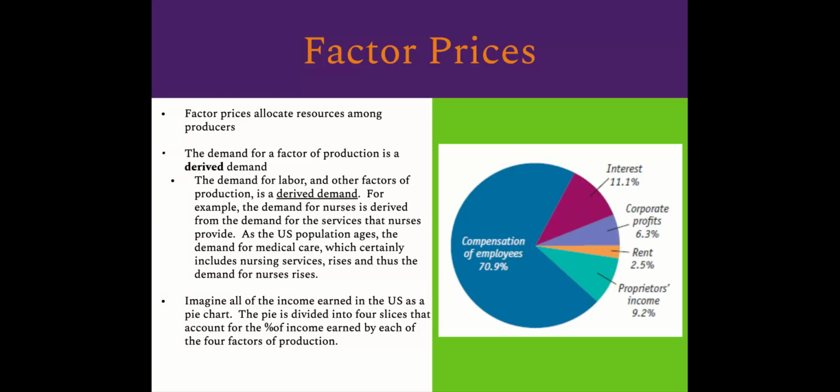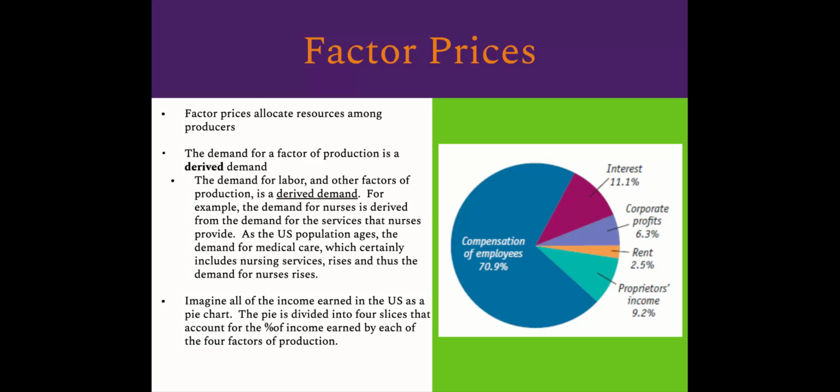So when you talk about the demand for nurses, the reason why we demand nurses is because of the services that nurses provide, and that's called derived demand. We need medical attention. That's the product that we need. The person that can supply that is nurses.